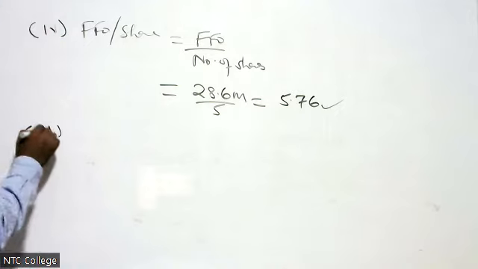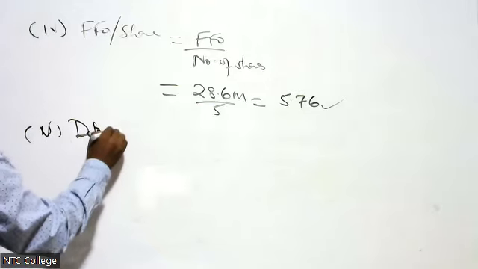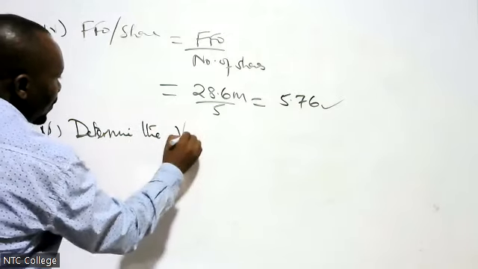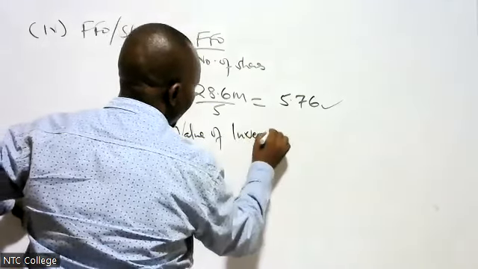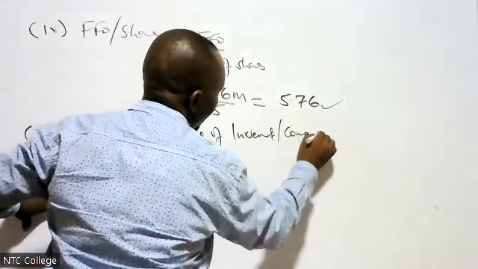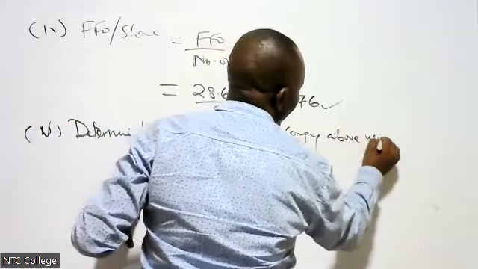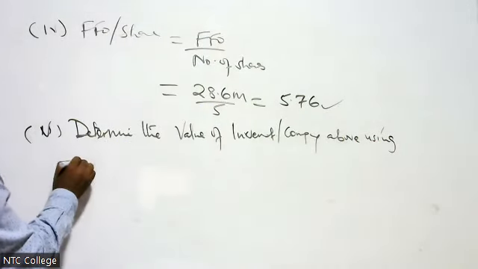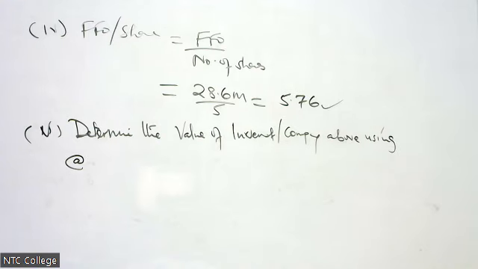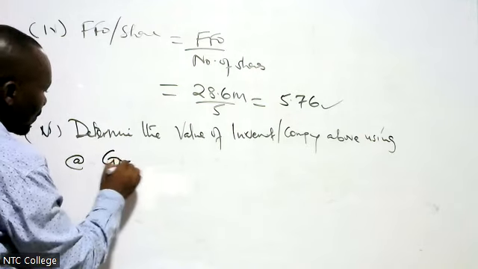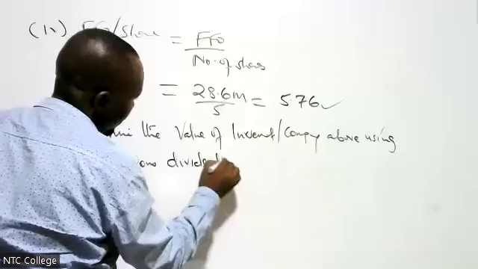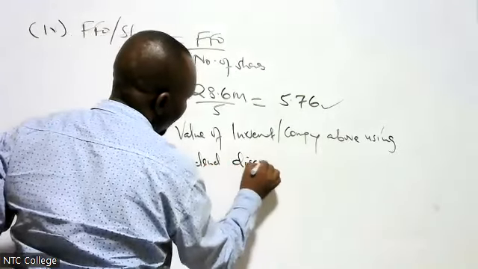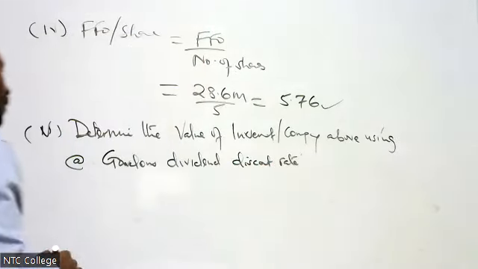Determine the value of investment, or company, above using number 1, which is A. Gordon's dividend discount rate.